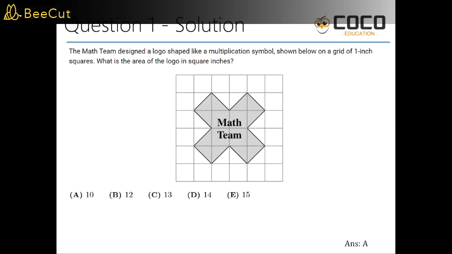For question 1, to find the area of this logo, first we can cut it into small triangles. Then we check the number of triangles here. This will be 20 triangles.